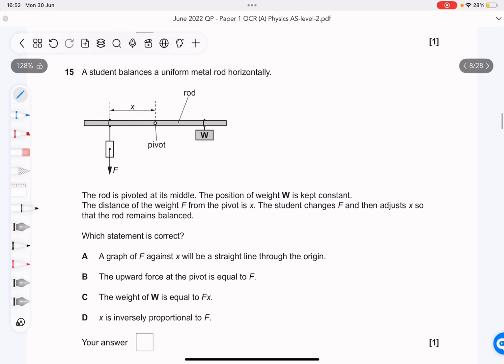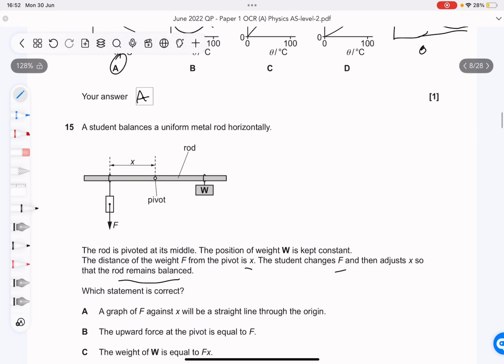Moving on. Question 15. A student balances a uniform metal rod horizontally. The rod is pivoted at its middle. The position of weight W is kept constant. The distance of the force F from the pivot is x. The student changes F and then adjusts x so that the rod remains balanced. Which statement is correct?